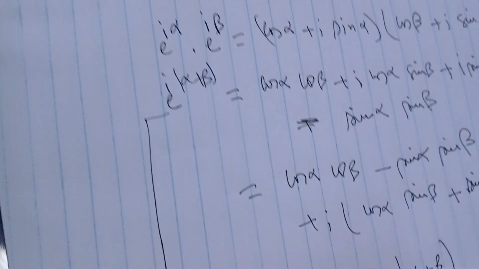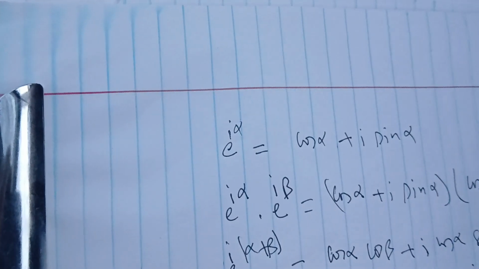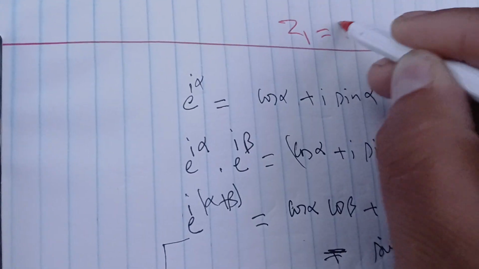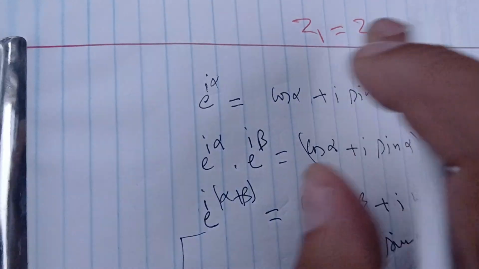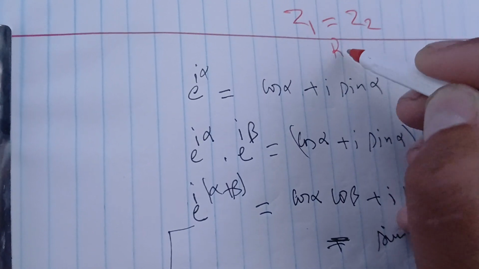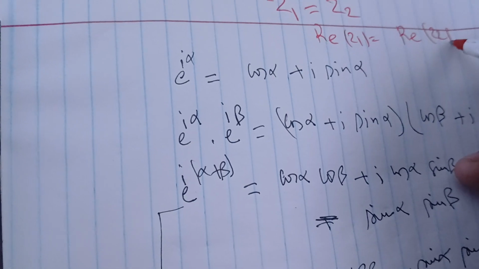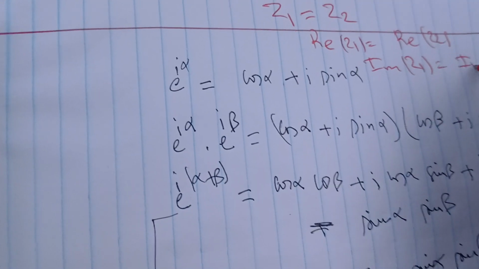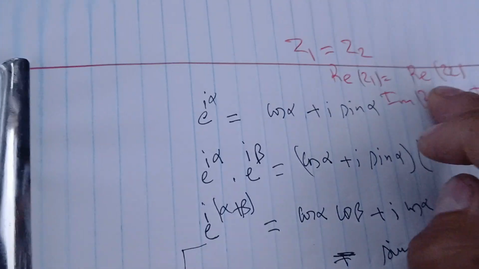And we said earlier in one of the short videos that when we have two complex numbers, let's say z1 and z2, these two complex numbers are equal when the real part of z1 is equal to the real part of z2 and the imaginary part of z1 is equal to the imaginary part of z2.